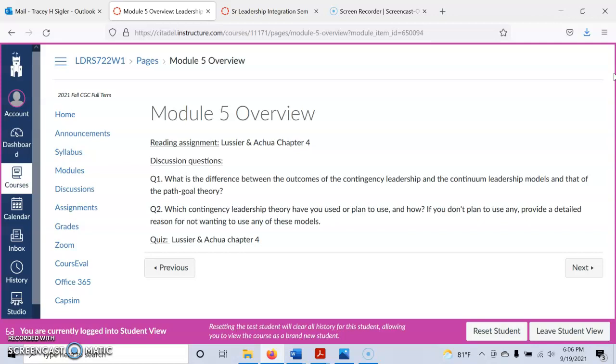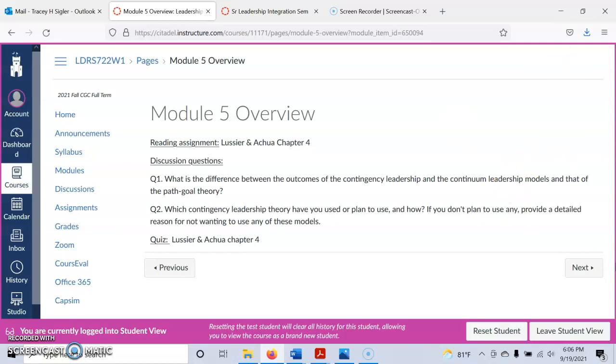A leader should shift his or her leadership style to best fit that situation. So chapter 4 is describing to you a variety of different contingency theories about leadership.